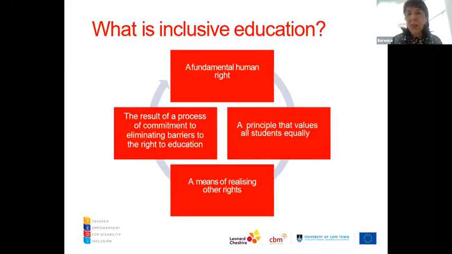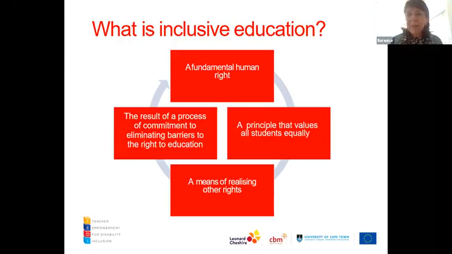Okay, and so from the preceding discussion, I think you're all very familiar with what inclusive education is. It's a fundamental human right. It's a principle that values all students equally. Every learner matters. So often in our country, I'm not sure it is the same in other countries, you get the feeling that it's only the learners who can perform well academically that matter.